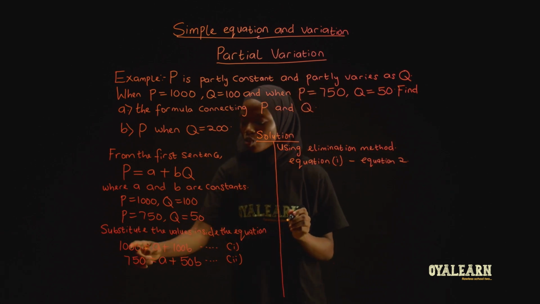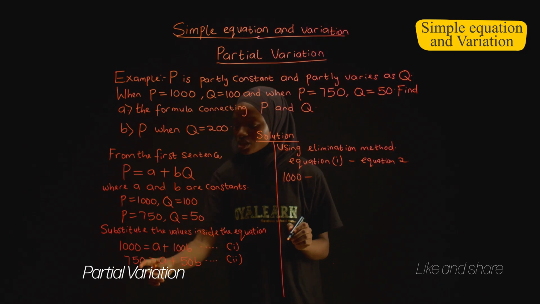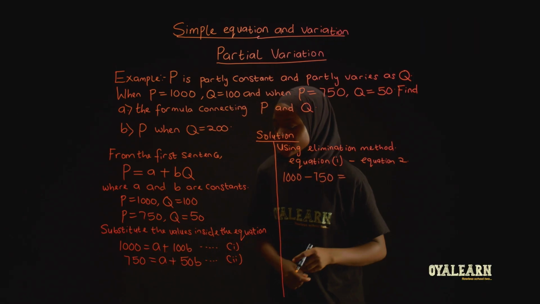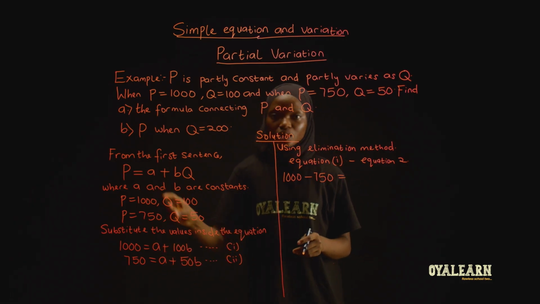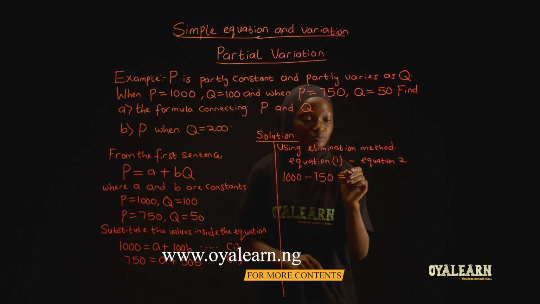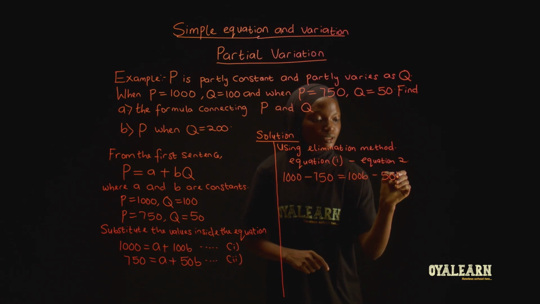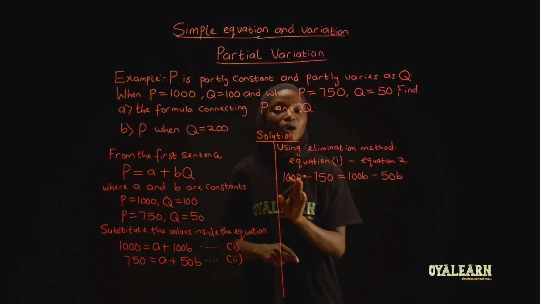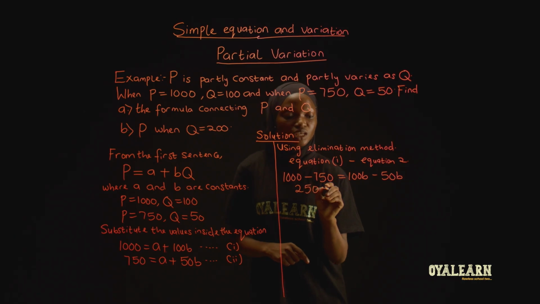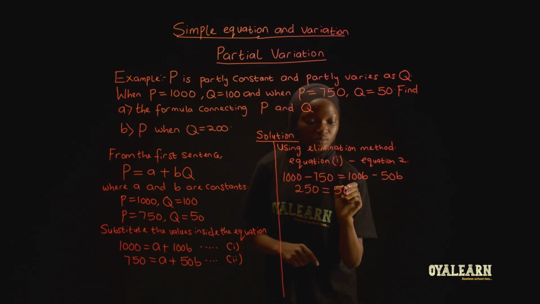So we're having 1000 minus 750 equals, now here A minus A is cancelled out, so we have 0, and we'll be left with 100B minus 50B. Here we have 1000 minus 750, which is 250, equals 100B minus 50B, which is 50B.